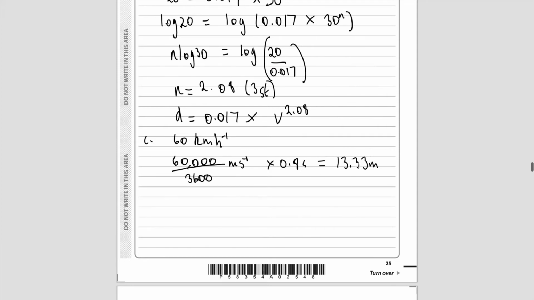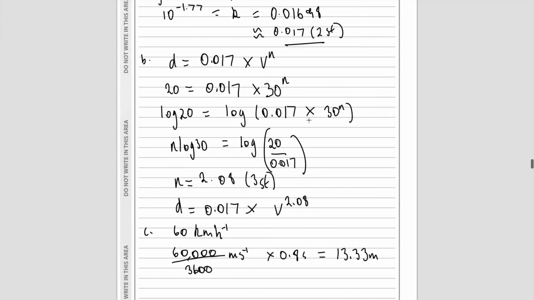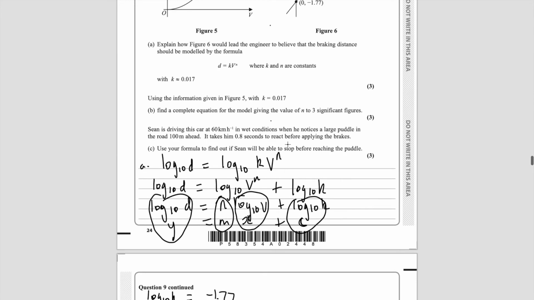This is the distance that Sean travels from noticing the puddle to actually applying the brakes and reacting to what he's noticing. The next part of this question is to know the distance it takes between him pressing the brake and actually coming to a stop once he's traveling at 60 kilometers per hour.